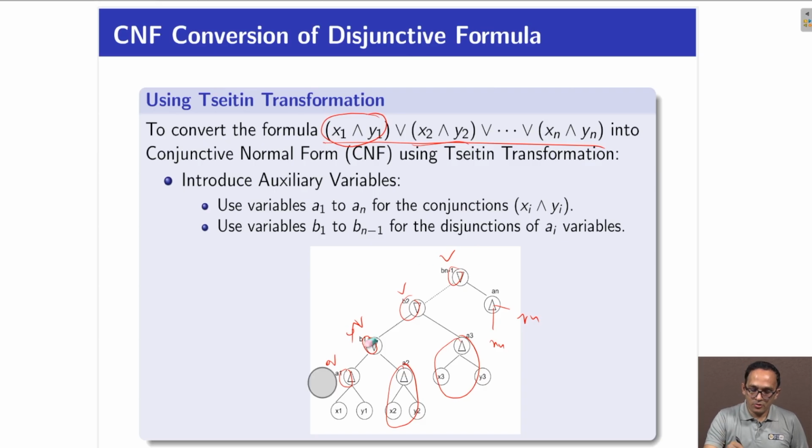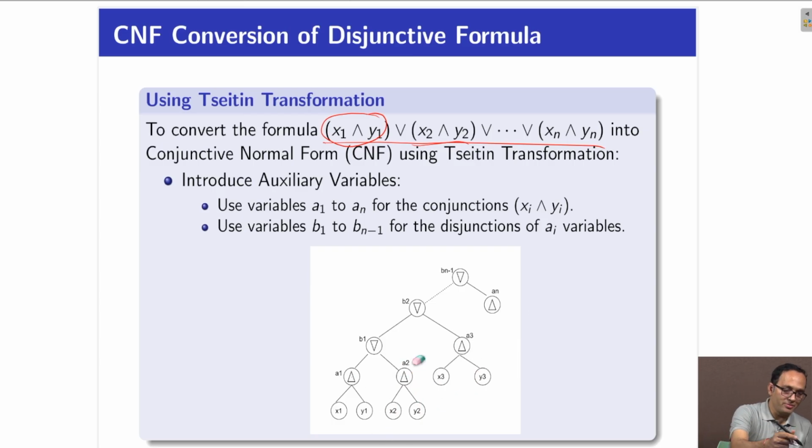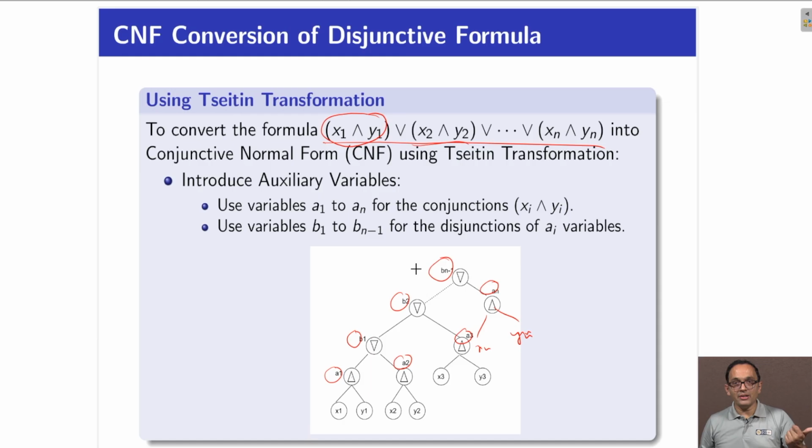Okay. So, once I have this AST, then what will I do? I will add auxiliary variables for each operator. So, let us say I use variables A1, A2, A3 to An for the AND operators. And for each OR operator I use B1, B2 to B n minus 1, because I have already told you there are n minus 1 OR operators.